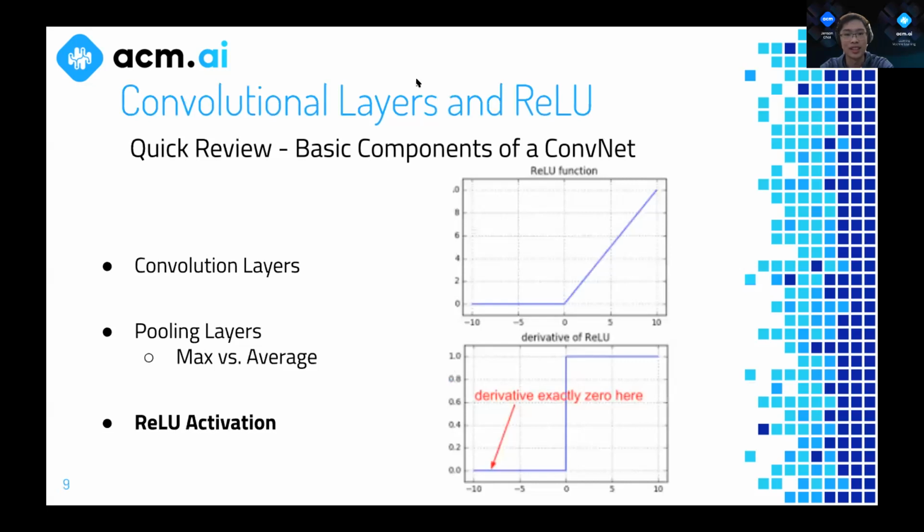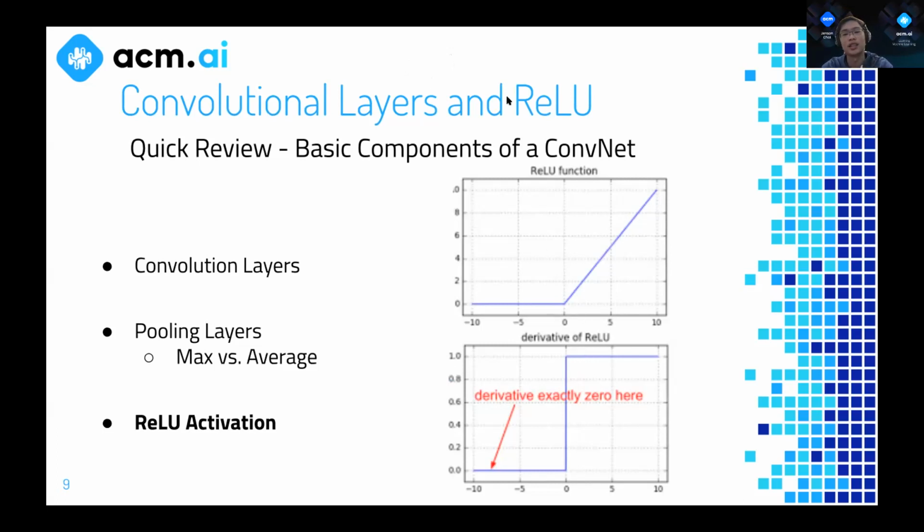Okay, so the order here is kind of weird, because ReLU is supposed to come between your convolutional layer and your pooling layer. But anyway, ReLU stands for rectified linear unit, and it looks something like this. ReLU is a piecewise function that outputs x if x is positive and 0 if x is negative.